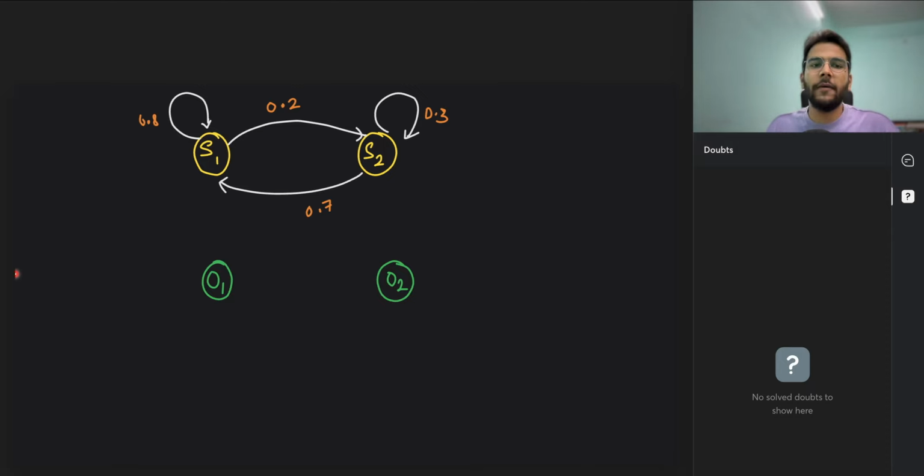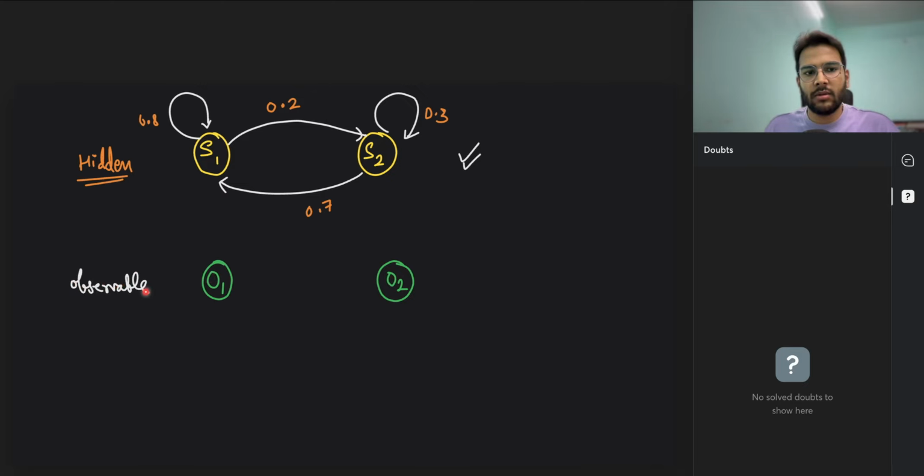This thing you all know: the Markov chain is given to you, but now these events S1 and S2 are hidden events. That means these events are not directly observable by the AI agent or by the user, right? But these two events are observable events.